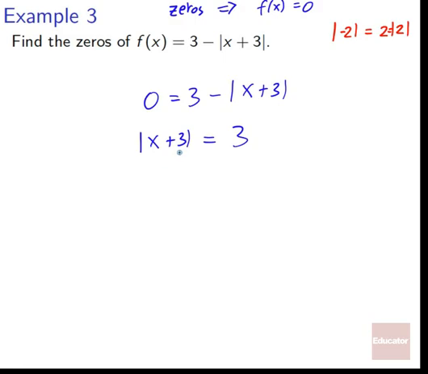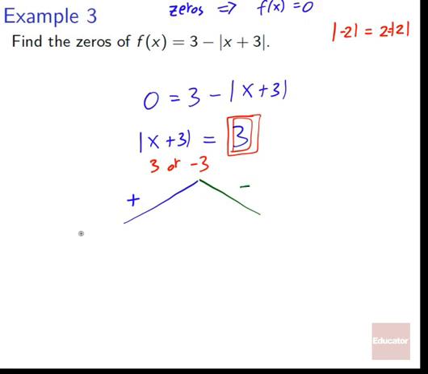So inside of the absolute value of x plus 3, because it equals 3, we know that there has to be a 3 or a negative 3. We aren't sure which one, though, so we split it into two different worlds: the world where there is a positive on the inside, and the world where there is a negative on the inside.